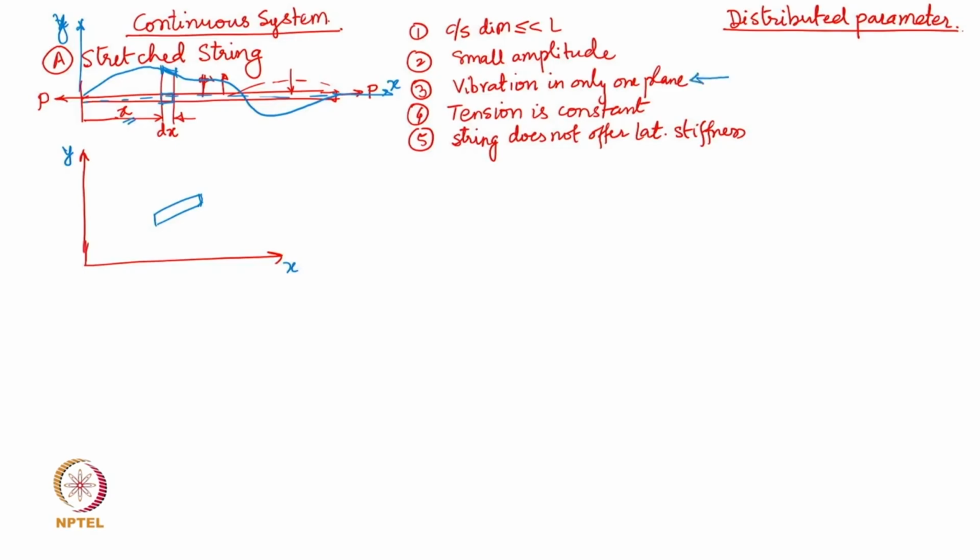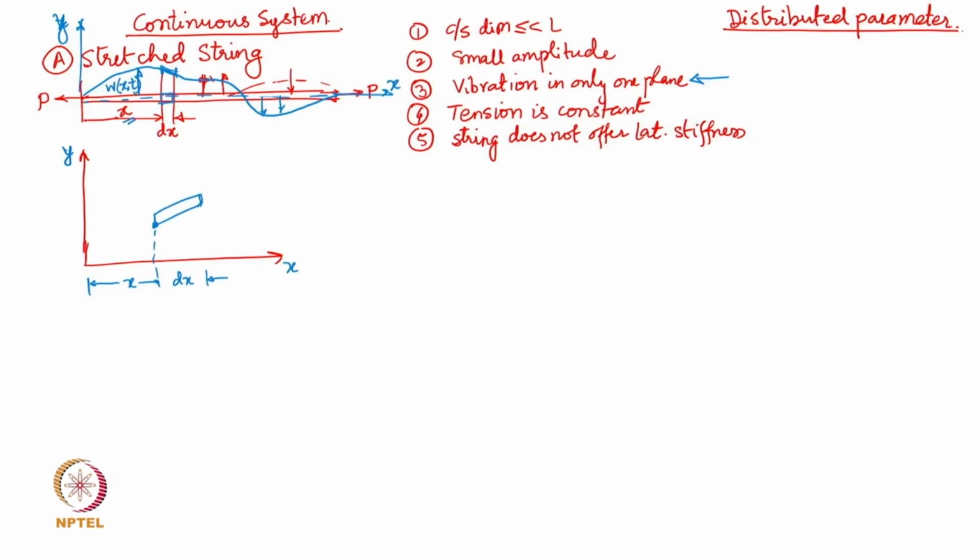We are ensuring that the vibration is only in the xy plane, and we are taking a small elemental length dx at a distance of x. The vibratory motion is defined by its vibration amplitude, which is going to be w(x,t).